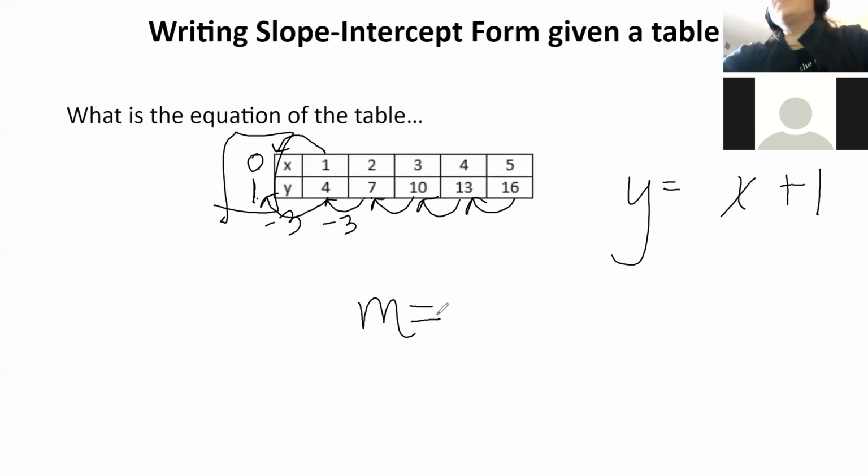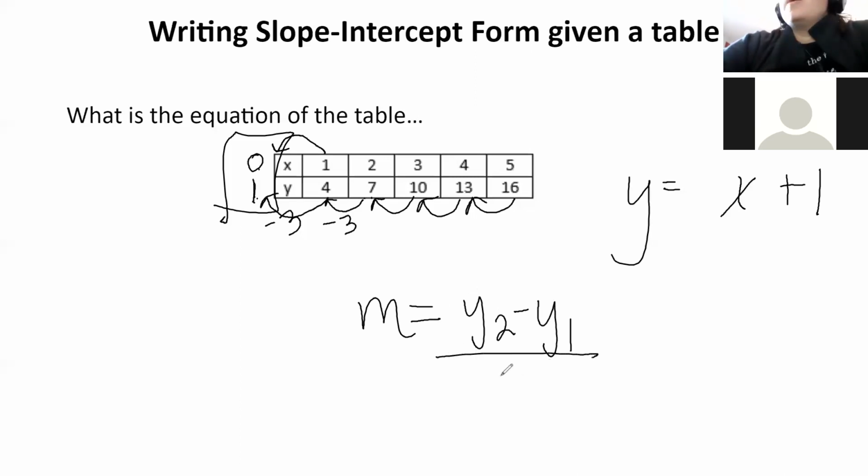And technically, you don't even have to calculate it. It just relates to how those values are changing. Yes, Piper, you got it. You're going to take your two y values and subtract them, and then divide by your two x values subtracted.